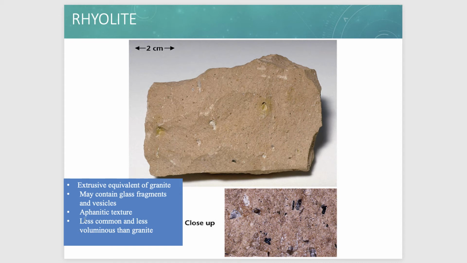It's usually less common and less voluminous than granite, and if we think about batholithic provinces, for example the Andes, the distribution of these lavas is usually restricted to the volcanic cones.